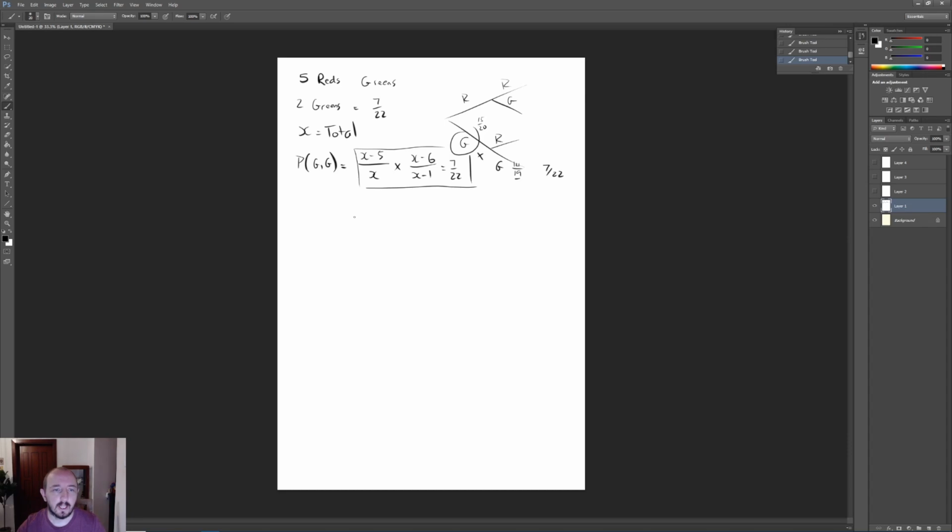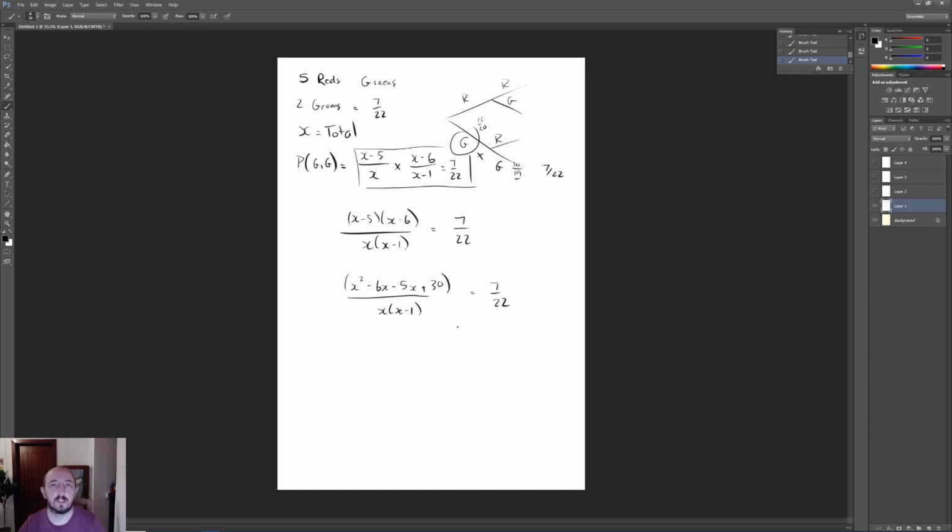So we have x minus 5 brackets x minus 6 over x brackets x minus 1, and that equals 7 over 22. So we can cross multiply these and expand out. I'm just going to expand the top first, so we'll have x squared minus 6x minus 5x, and then minus 5 times minus 6 is plus 30, over x brackets x minus 1, and that equals 7 over 22.